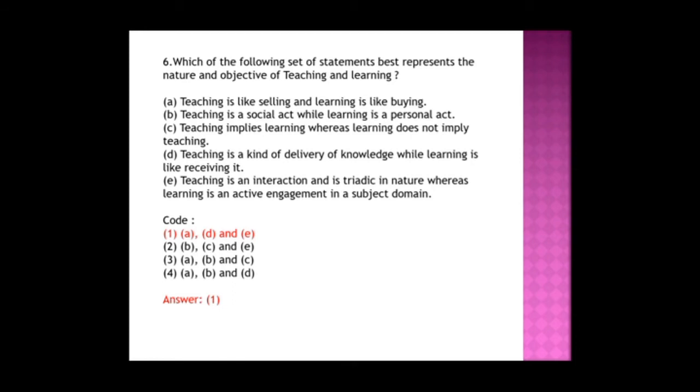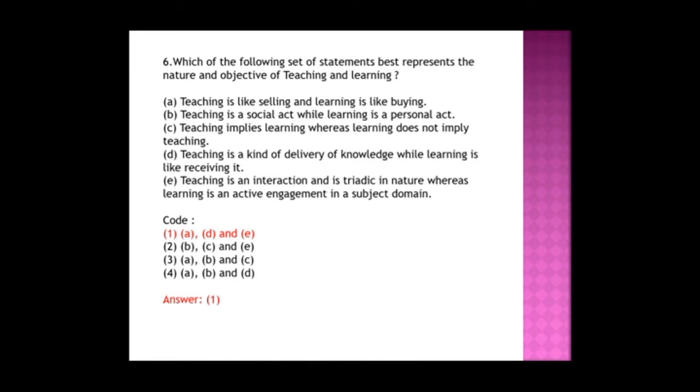A is teaching is like selling and learning is like buying, right? And here D statement is teaching is a kind of delivery of knowledge while learning is like receiving it. And E is teaching is an interaction and is triadic in nature, whereas learning is an active engagement in subject domain.